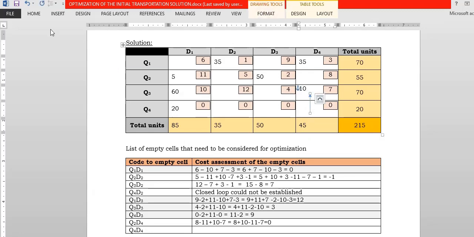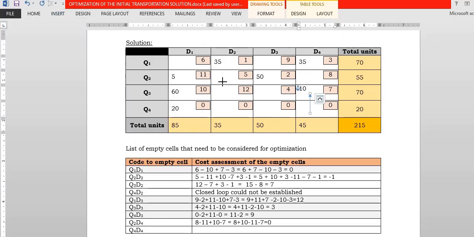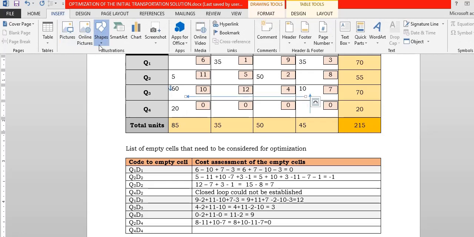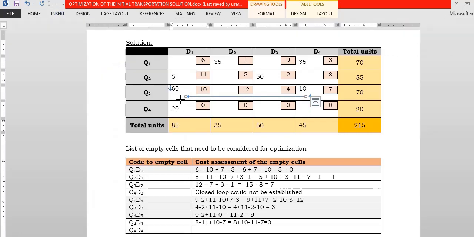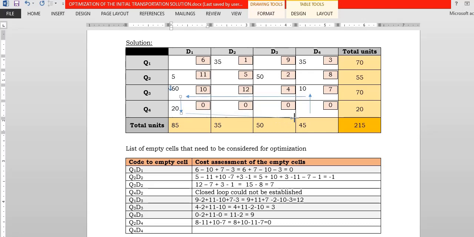You can see where my arrow is moving. Then we move to the left up to there. Then we move downwards up to here. Then we move to the right up to there. We have a closed loop.